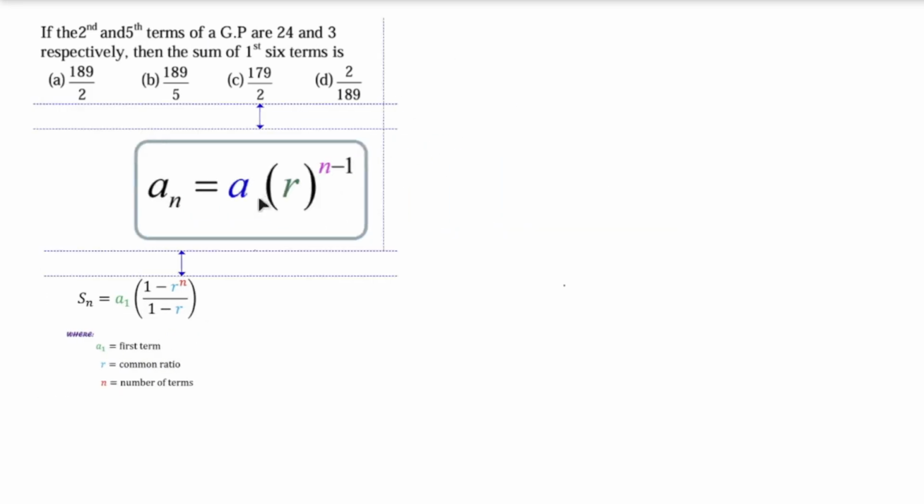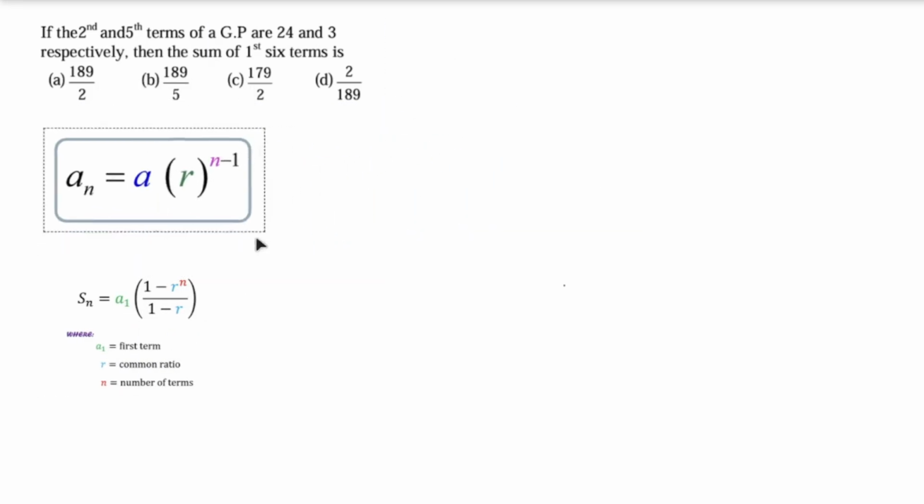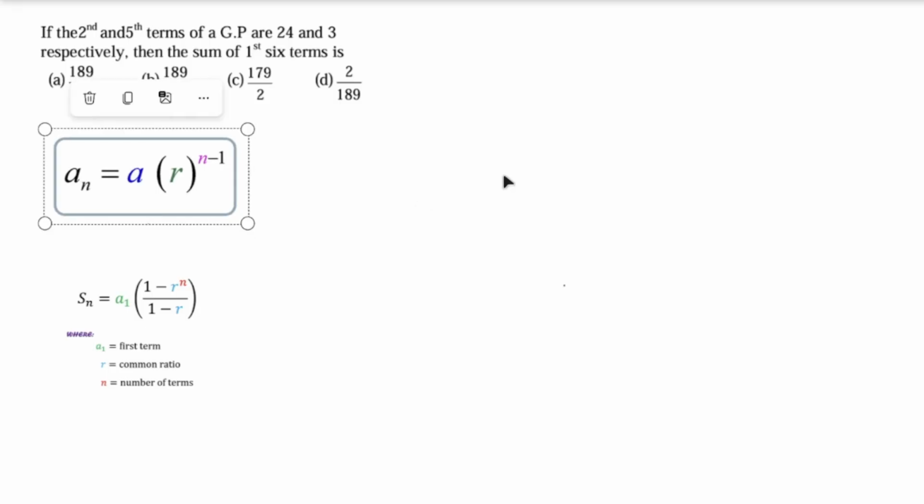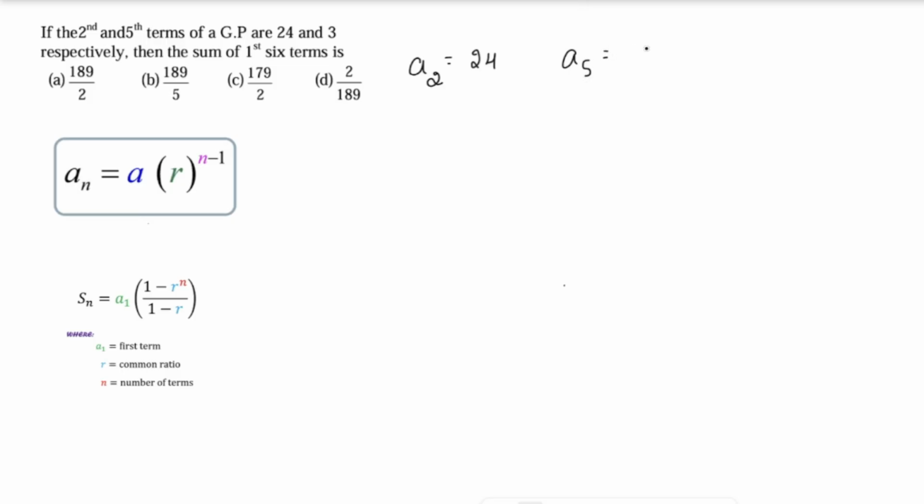So let's get into the problem and see how to solve it. Here they have given the second term, A2, which is 24, and A5 is given as 3.